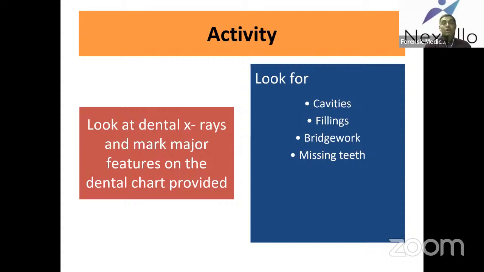That's how, in either a dead person or a living person, we can establish the identity of the individual. That's why dental x-rays are also a very important aspect whenever identity has to be established for people who have cavities, fillings, bridge work or missing teeth.